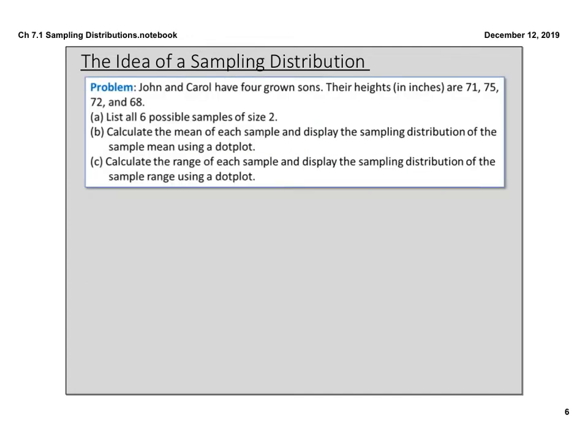All right, so John and Carol have 4 grown sons. Their heights in inches are 71 inches, 75, 72, and 68. List all 6 possible samples of size 2. So if you're pulling a group of 2, okay, all 6 possible samples of size 2, you could have 71 and 75, 71 and 72, 71 and 68.